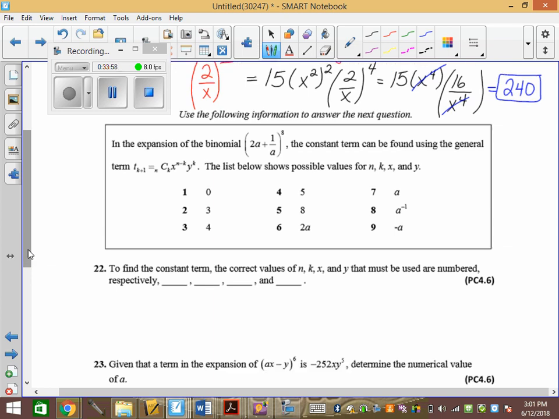So we're going to go 8C blank, 2a to the 8 minus blank, 1 over a to the blank. So I need these to cancel. It's going to be 4, because both of these are a. My blank is going to be 4.